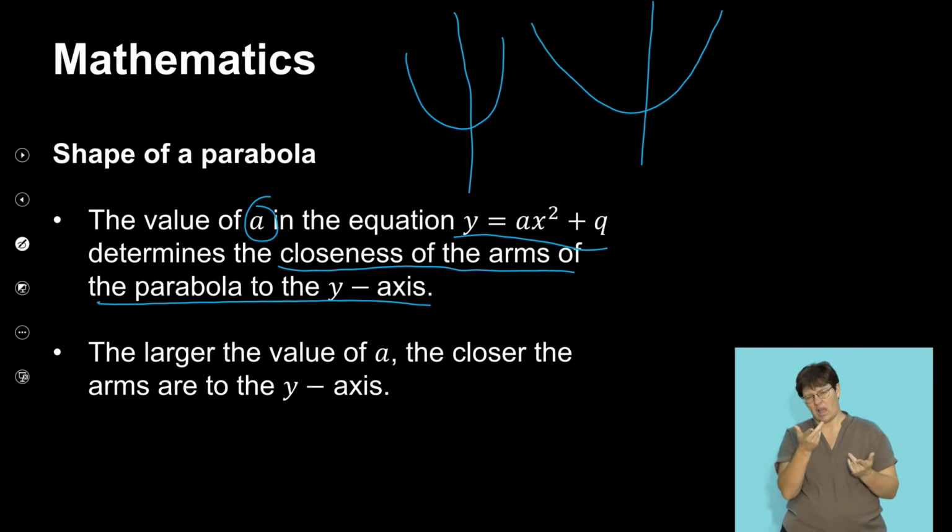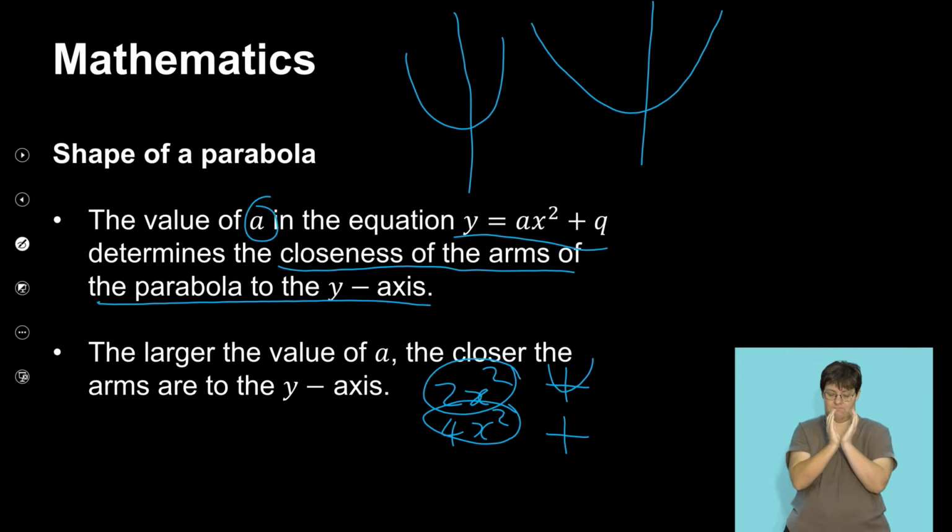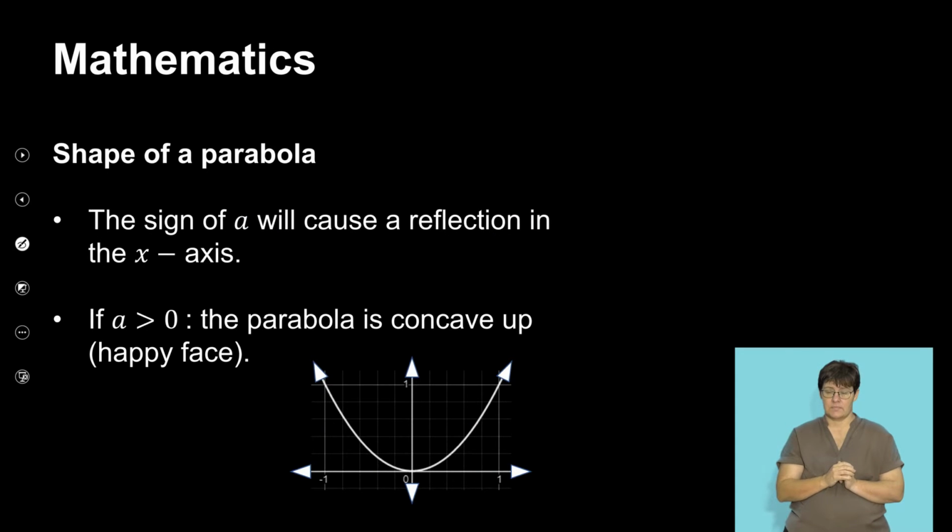I know I'm not drawing it to scale, but it gives you an idea of what we really mean. The larger the value, the closer the arms are to the y-axis. So if it's 2x squared compared to 4x squared, this will be a bit wider and this will be a bit closer. So this will be maybe something of this nature, and then if it's 4, it will be a bit closer now to the y-axis. So the arms will be a bit close to the y-axis.